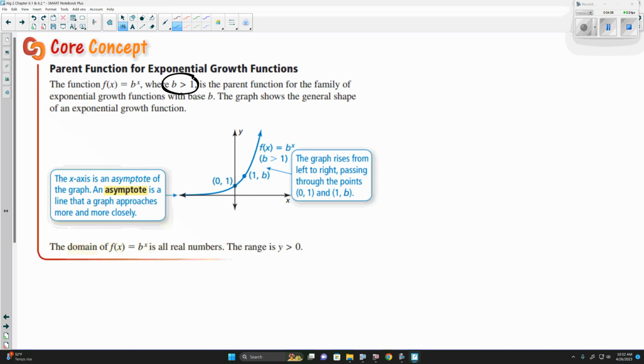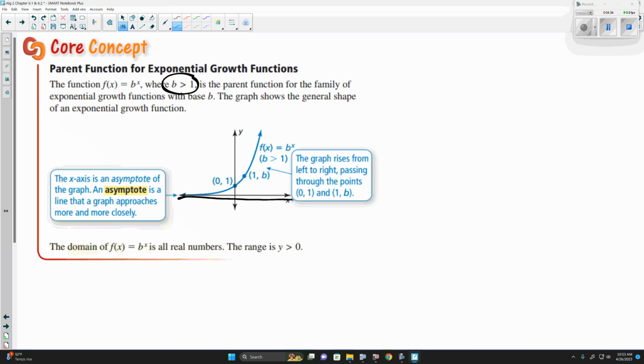We can plug any value of x in, but it will not cross the x-axis. So a number to the exponent x will not cross the x-axis, because there's no way that we could put a number, 5, to any power and get 0. It just doesn't work. Any questions on this here?